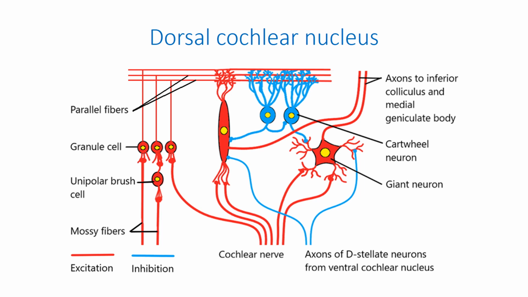Moreover, in the cerebellum, the parallel fibers synapse on the inhibitory Purkinje cells. In the dorsal cochlear nucleus, the parallel fibers synapse on the inhibitory cartwheel neurons that are considered analogous to the Purkinje cells.